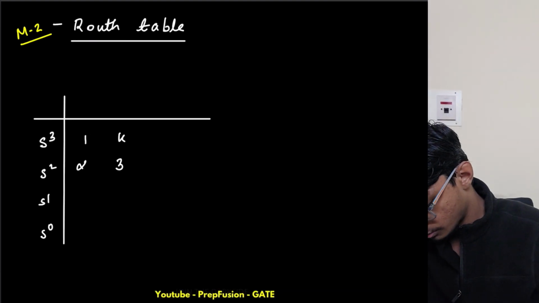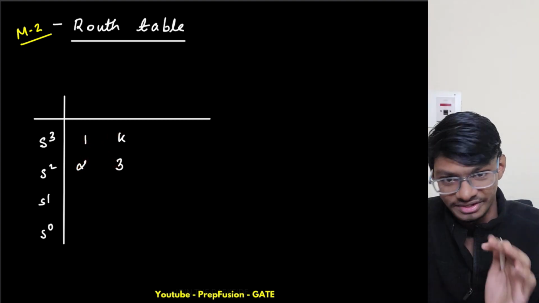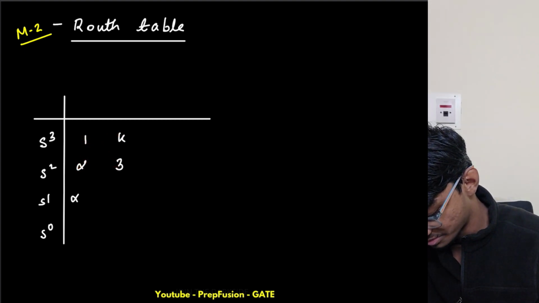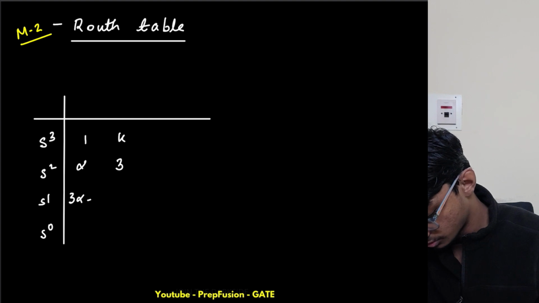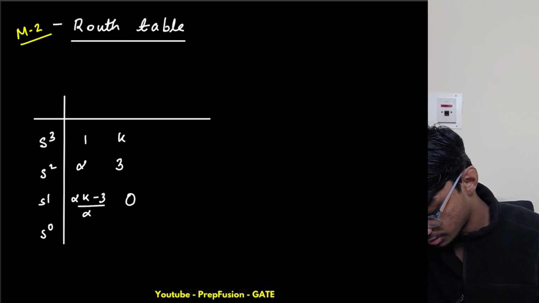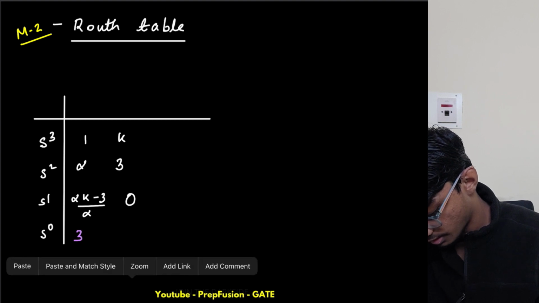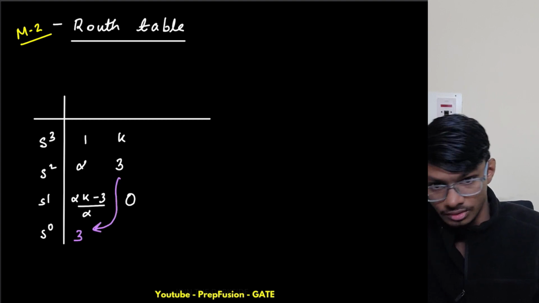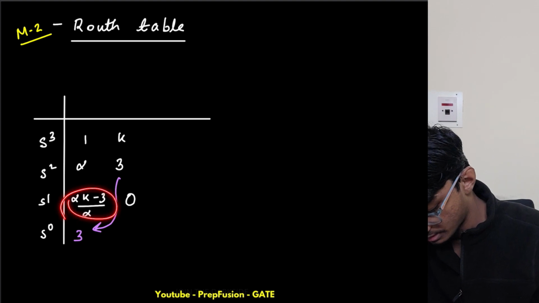So now I will compute alpha k minus 3 divided by alpha itself, and this is 0, because here I have 0. Okay, and again this 3 will come over here. So by now you have been practicing this Routh thing, I hope so, at least. And now this has to be greater than 0.